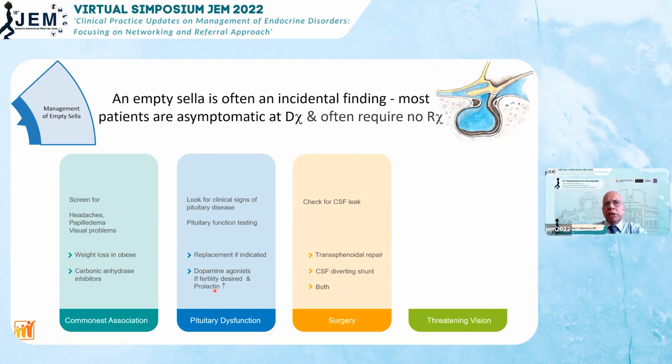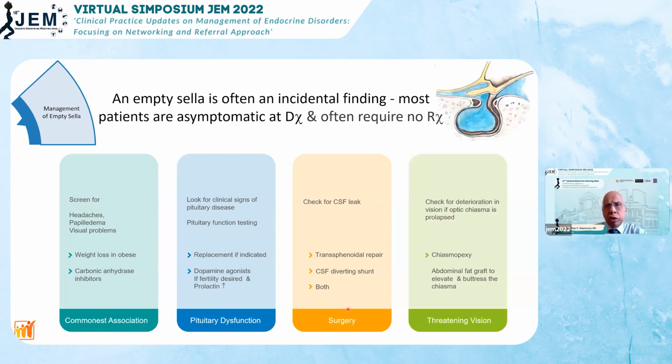It's useful for us to think in our follow-up to ask them for CSF leak when we have to consider transsphenoidal repair. Sometimes they may do shunting or sometimes they may do both. I leave it to the best judgment of our neurosurgeon colleagues.